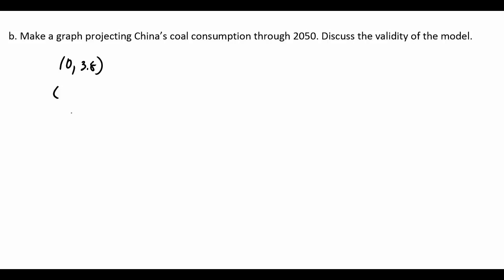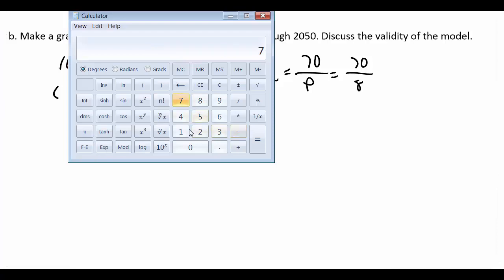Our growth rate was about 8%, so we can actually use our estimating formula. So our time to double, that rule of 70, would be 70 over P. So in this case it's 70 over 8, the 8%. And so 70 divided by 8 is about 8.75, so that's about 9.